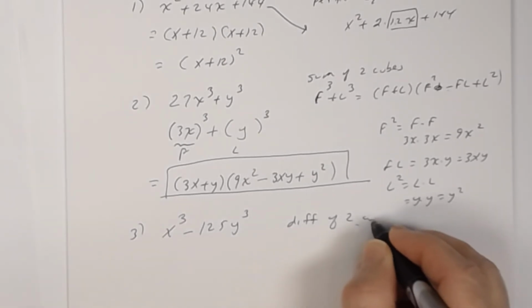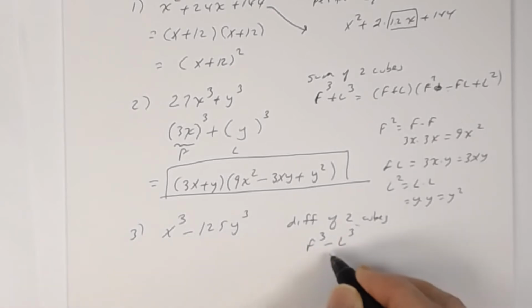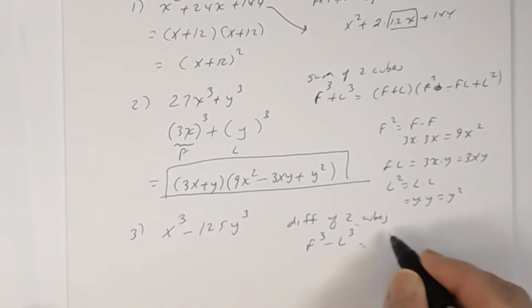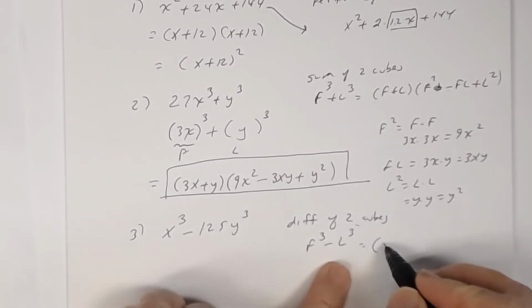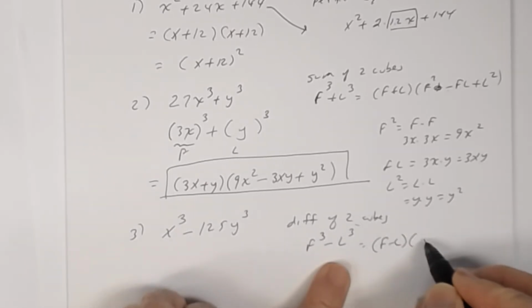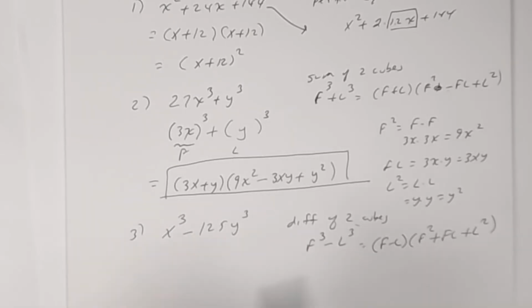The formula for the difference of two cubes will be a binomial times a trinomial, except this time the binomial is f minus L times f squared plus fL plus L squared. So there's your formula.